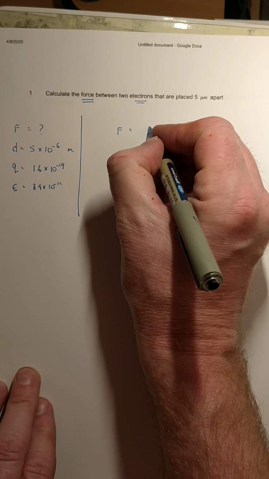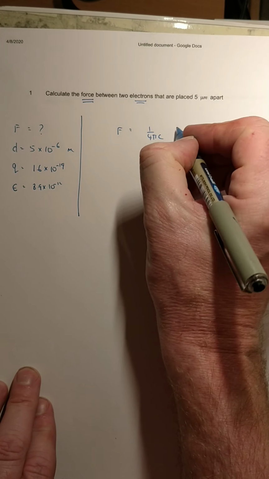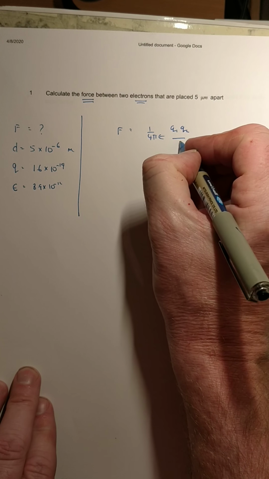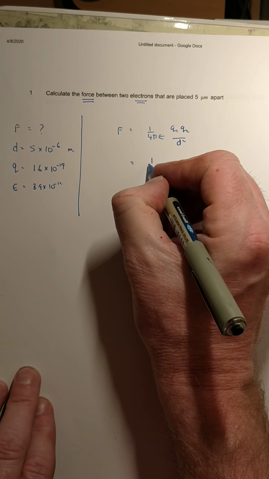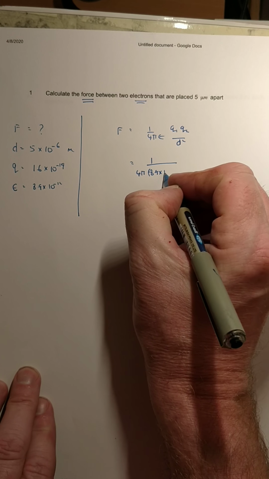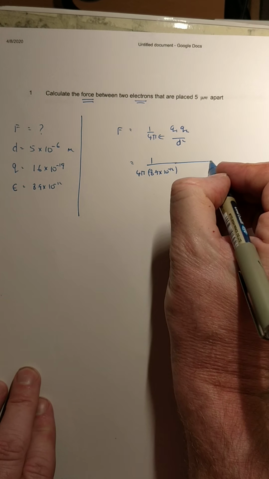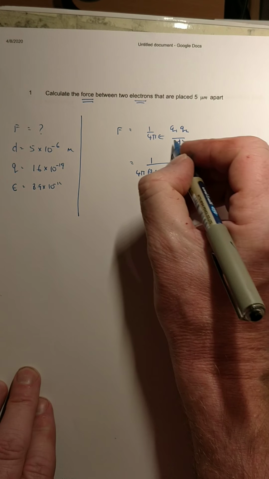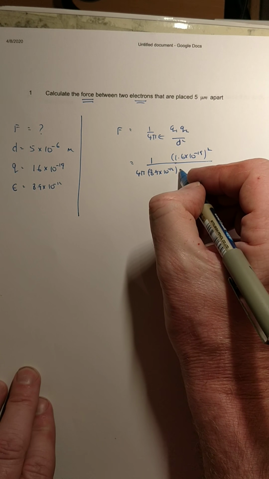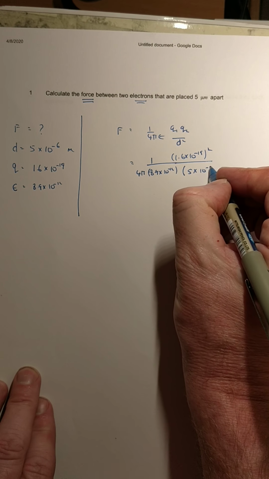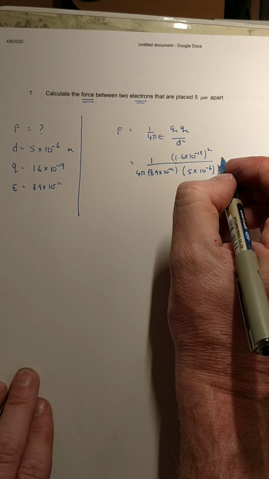So we write down a formula, and we fill it in. So 4 pi 8.9 by 10 to the minus 12, 1.6 by 10 to the minus 19, multiply by itself, so just square that, and d squared, the distance between them, 5 by 10 to the minus 6 squared.